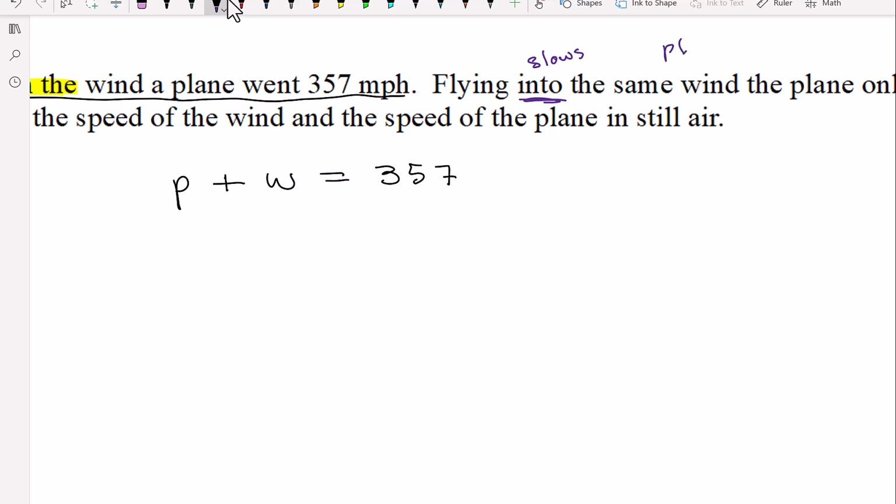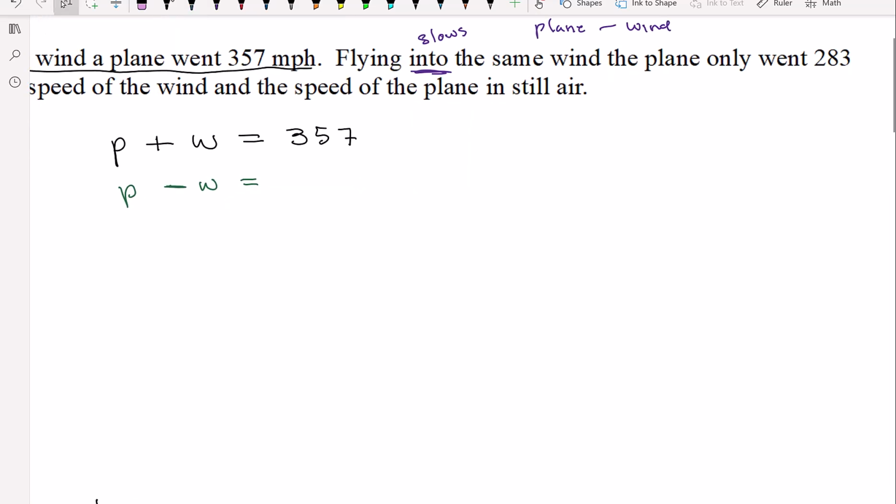So it's the plane speed subtract the wind speed because it's a force on the plane that slows it down. So we're going to have the plane speed going into the wind, and that speed is only 283 miles per hour.